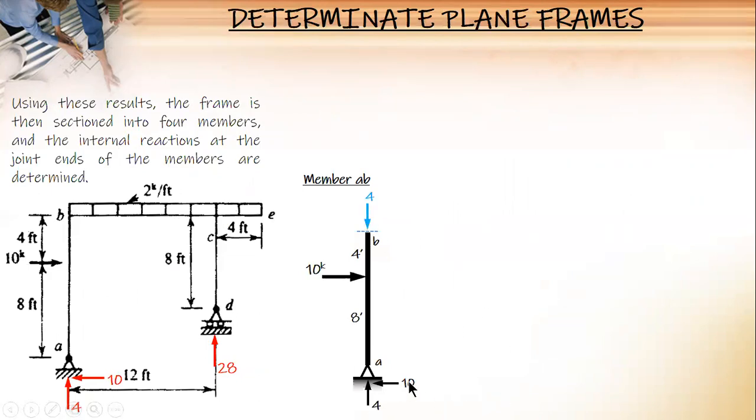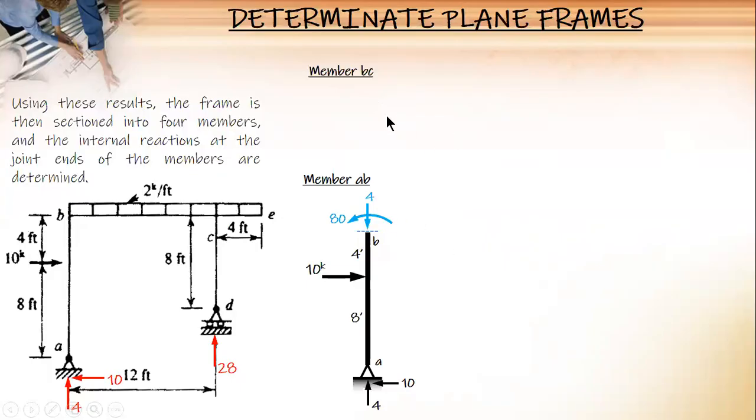Moment na yun. Counter, 10 times 4. Clockwise, 10 times 12. 40. 40 ang counter. Clockwise is 120. So there is an unbalanced moment of 80 clockwise. So i-balance na to og 80 na counterclockwise.